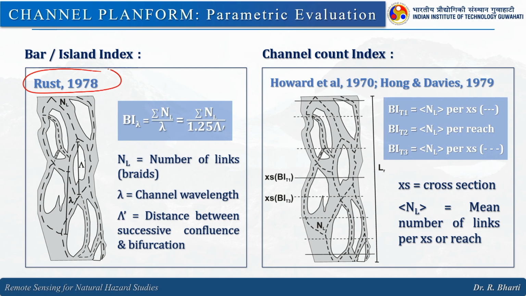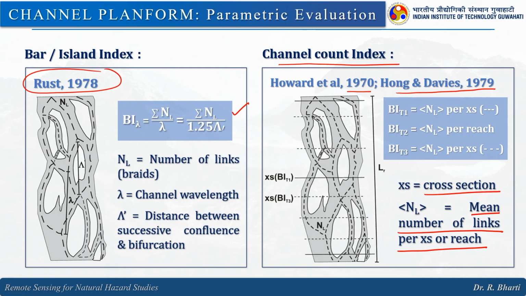Some other indices are also available. Then comes the channel count index. This is given by Howard et al. 1970 and Hong and Davies 1979. Here they are using the cross section area, mean number of links per axis or reaches, right.